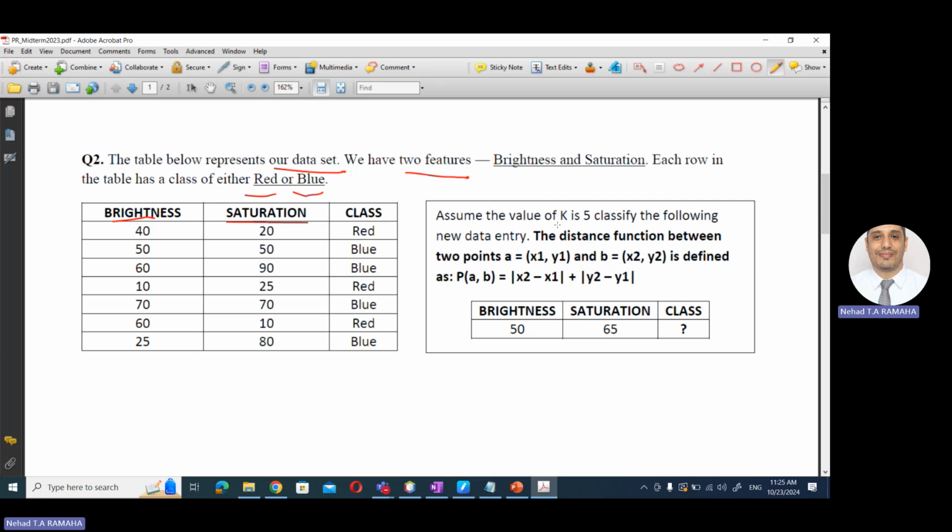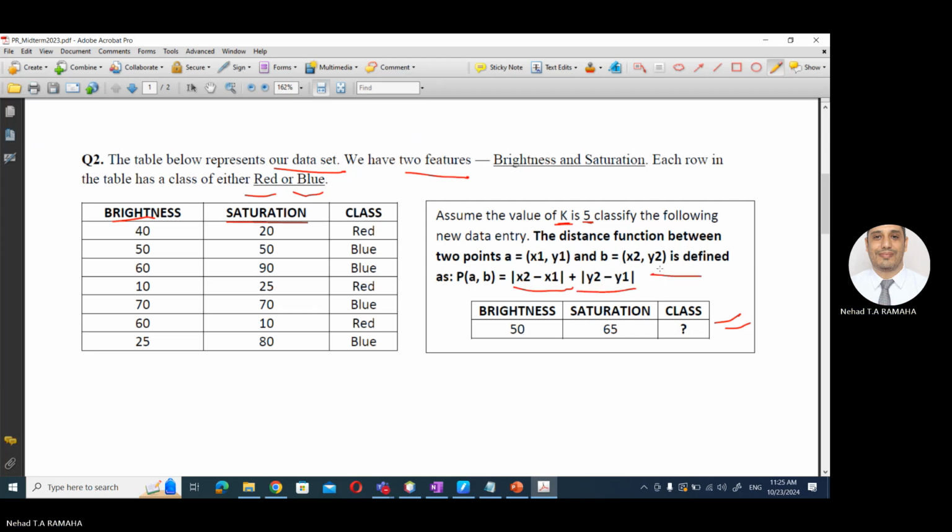Assume the value of k is 5. So we give you the value of k. Usually we give you the value of k. Classify the following new data entry. This is a new data entry. The distance function between the 2 points is defined here.